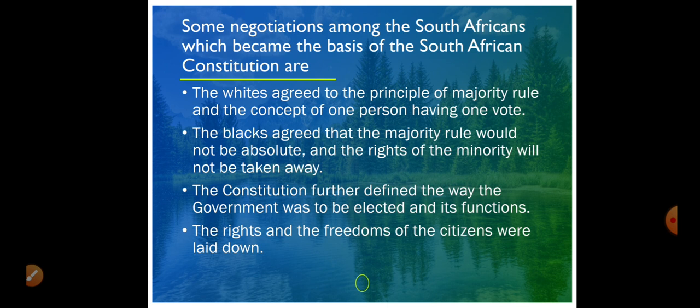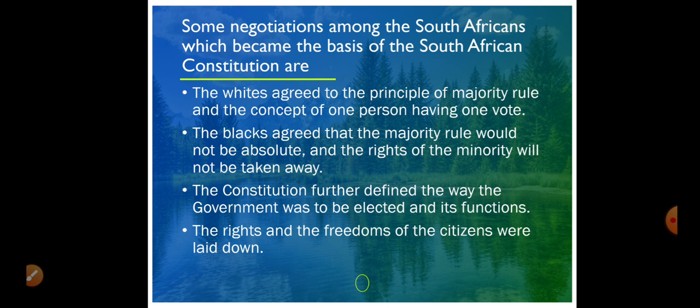Some negotiations among the South Africans became the basis of the South African Constitution. First, the whites agreed to the principle of majority rule and the concept of one person having one vote.